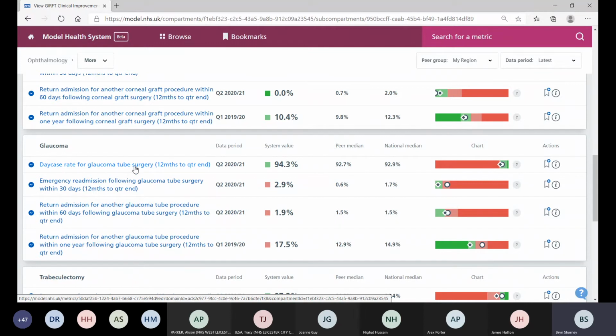So there's another whole set of procedures that would be captured in the Rightcare data. So we're working very closely with the GIRFT program to try and align in terms of the codes we use. And as I say, when there is a difference, we just need to make that as clear as possible.